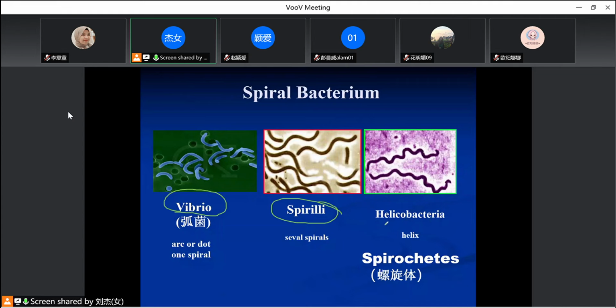And the last one looks like a helix, so we call it Helicobacteria, or sometimes we can call it spirochetes. So this belongs to the spiral bacteria.